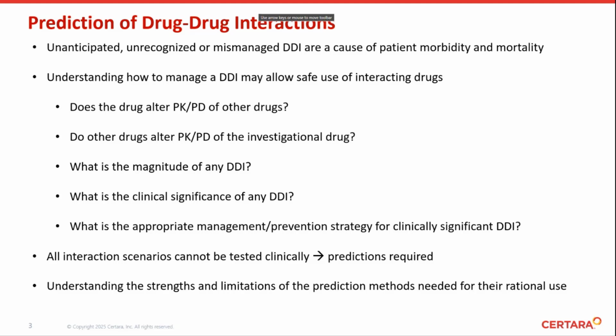As there are so many drugs in the market, it's impossible to test clinically all the possible scenarios. So we need to predict this. And with any method, understanding the strengths and limitations of these methods is needed for their rational use.